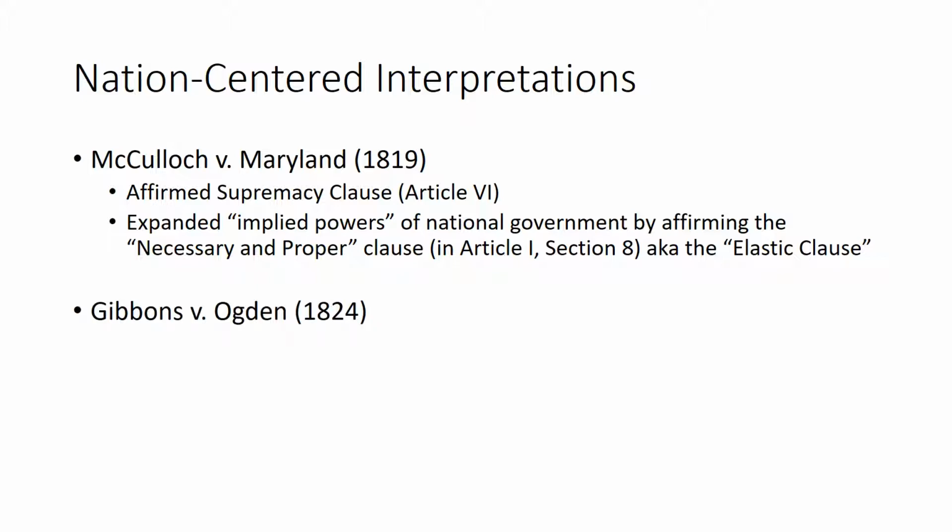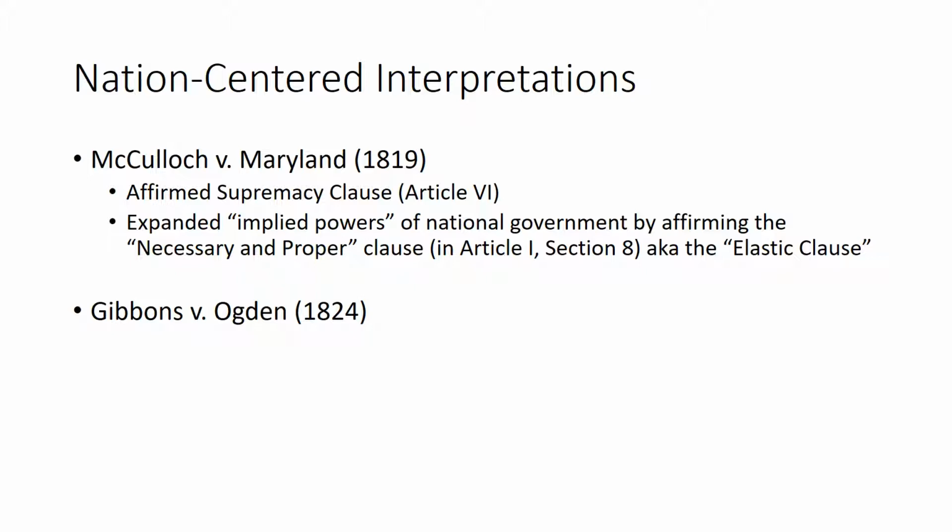Next is another Supreme Court case, Gibbons v. Ogden. 1824. This was interesting. The steamships were coming into more frequent use. The state of New York issued licenses to give exclusive rights to one group to be able to operate steamships from the New Jersey shore side to the New York City side.